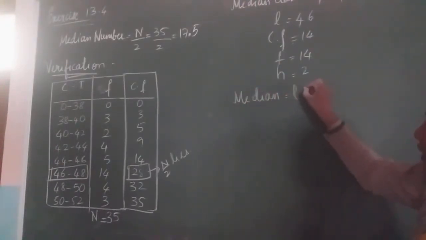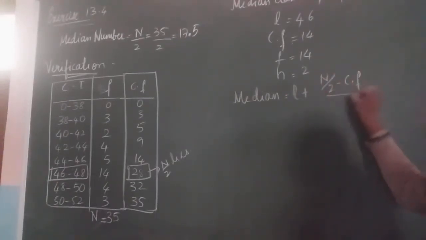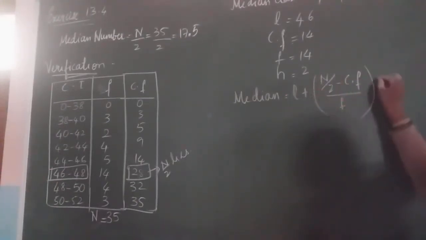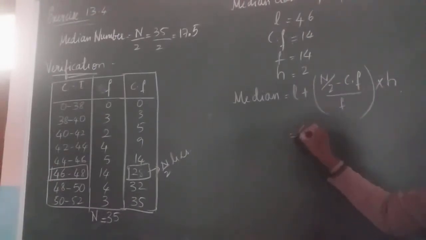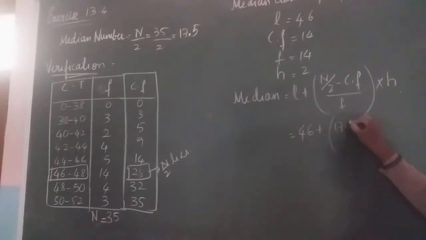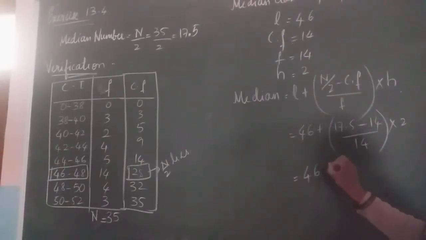Median is equal to L plus n by 2 minus CF divided by f into h. So lower limit is 46 plus n by 2 is 17.5 minus CF it is 14 divided by 14 into 2. So it is 46 plus 3.5 by 14 into 2.